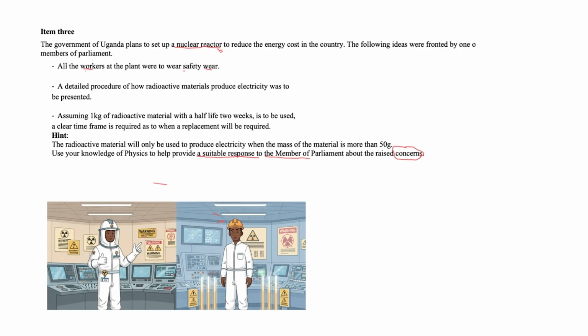Now, a nuclear reactor is the heart of a nuclear power plant. These nuclear reactors contain and control nuclear chain reactions that produce heat through a physical process called nuclear fission.